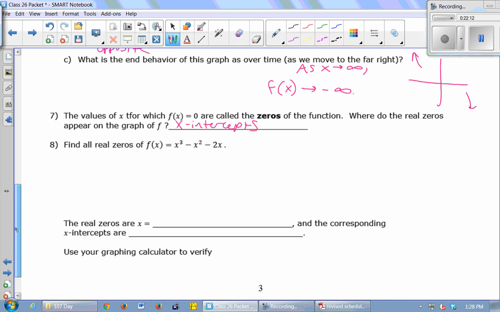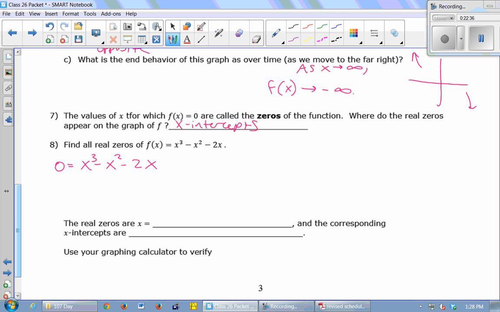So I want to find all the real zeros of x cubed minus x squared minus 2x. That's the same thing as finding x-intercepts, so I would take my function, replace the f of x or the y with a 0, and solve it for x.